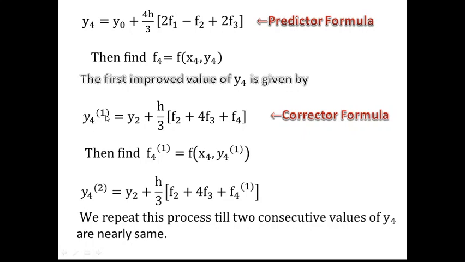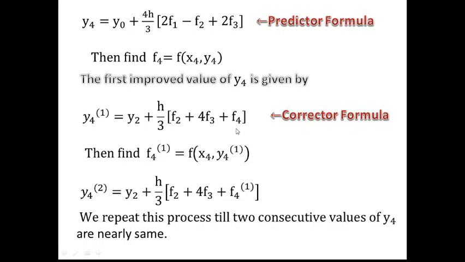Here the superscript 1 denotes that it is the first improvement in the value of y4. It is given by y2 plus h by 3 times f2 plus 4 f3 plus f4. Then we will find the corresponding value of the function, that is f4^(1) equal to f at x4, y4^(1).